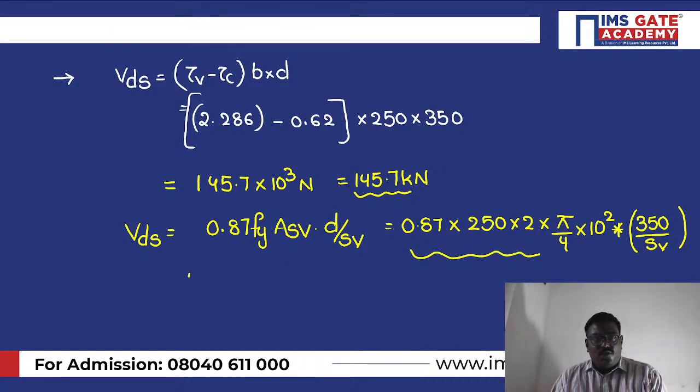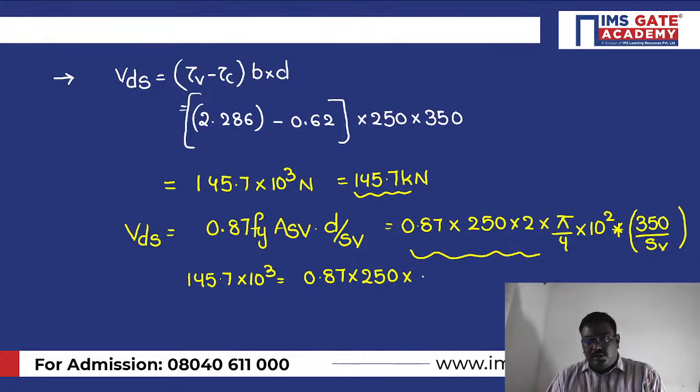That means 145.7 into 10 power 3 is equal to 0.87 into 250 into 2 into pi by 4 into 10 square into 350 upon sv.